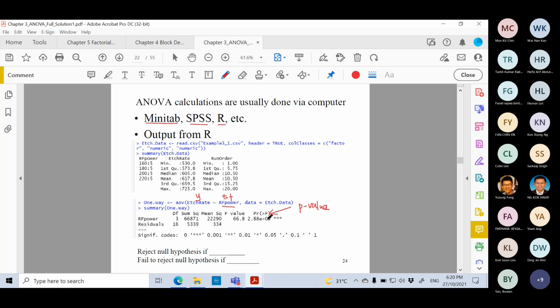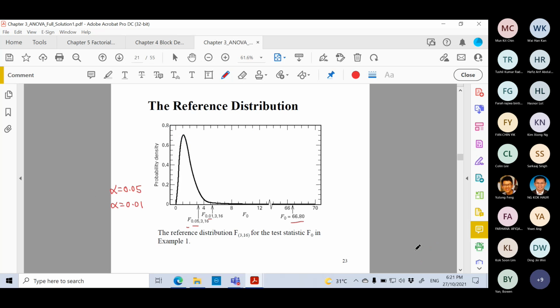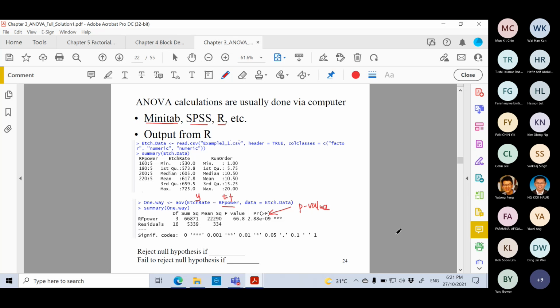So the P value is here. If you compare with alpha 0.05 or 0.01, definitely your P value is smaller than alpha. So this leads you to the P value being smaller than alpha, and you will reject the null hypothesis. Okay. So here I will say: reject the null hypothesis if the P value is less than alpha.